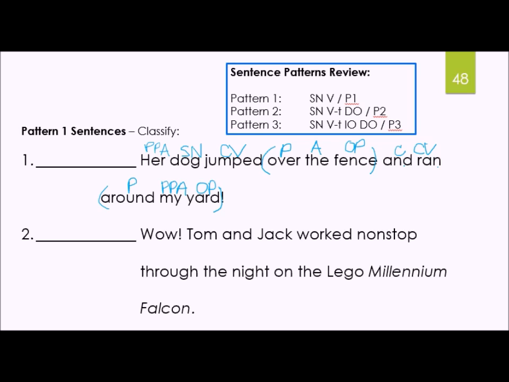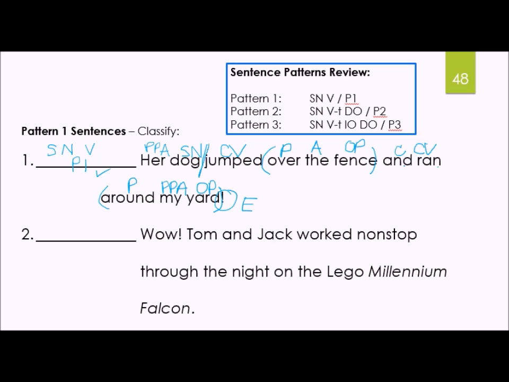All right, let's do the pattern. Now, do we have any direct objects in the sentence or indirect objects? No, we don't. So it's what pattern? That's right. Subject, noun, verb, pattern 1. Check. All right, we're going to go to the end of the sentence. You see an exclamation point? So it's exclamatory. Go to the verb. Now we've got 2 verbs, so which one do you choose? You choose the first one.